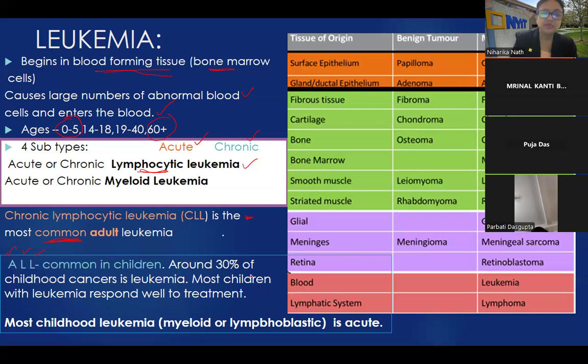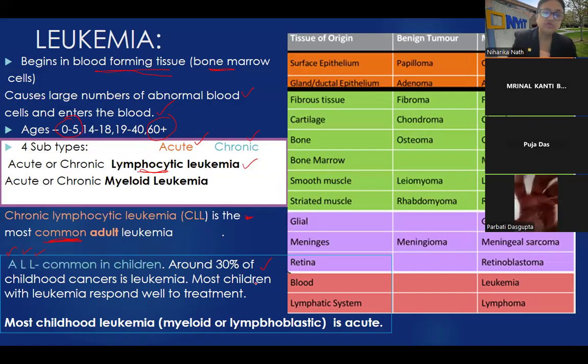And the beauty is that as of today, acute lymphocytic leukemia, if it is diagnosed in a child less than 5 years old or less than 10 years old, is highly treatable. About 95% of those treated recover and lead a fairly normal life.